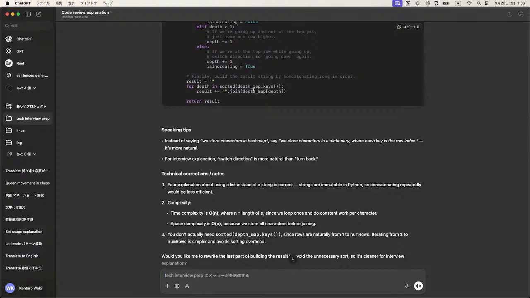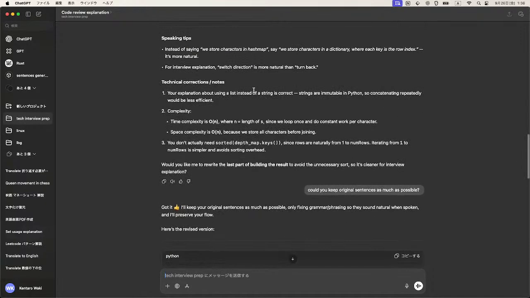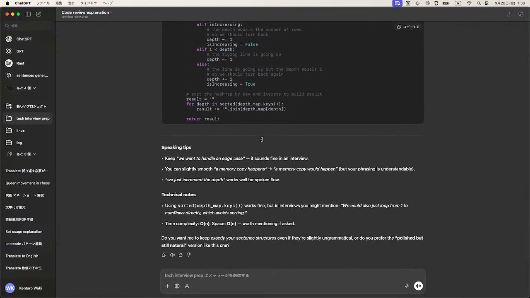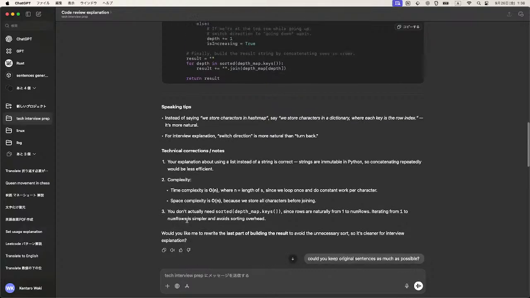I thought the order of keys of hashmap is not assured in order. Not assured. Yeah. Okay.